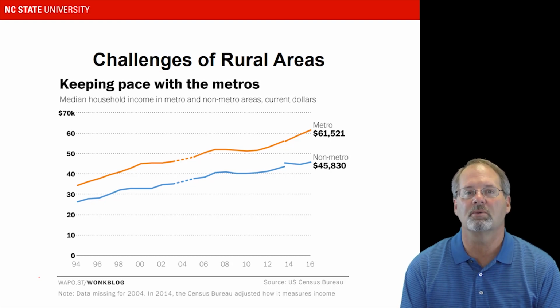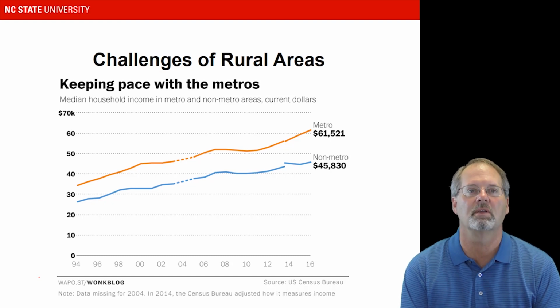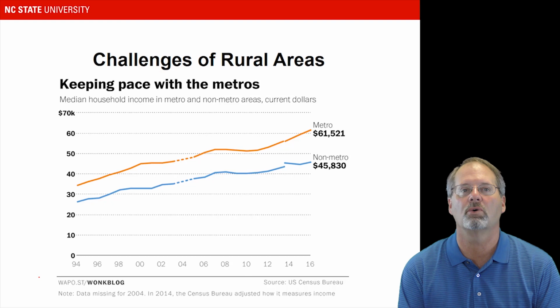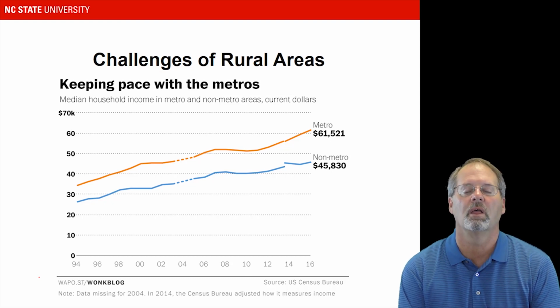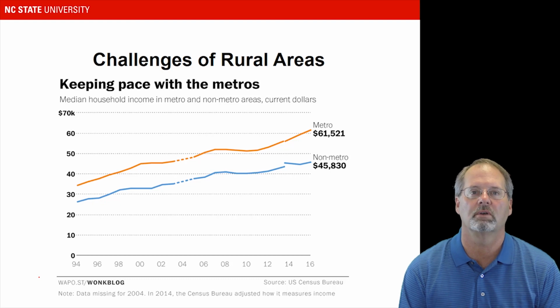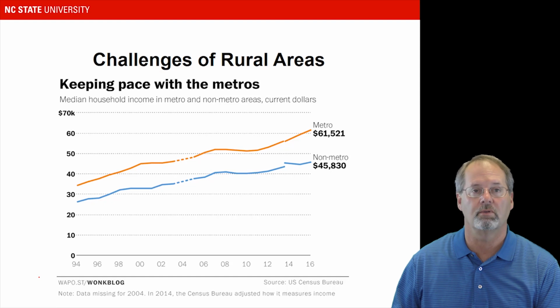So there's a pretty significant gap, $16,000 in the median household income between rural and urban. And this again is one of the challenges to attracting people to live in the rural areas.